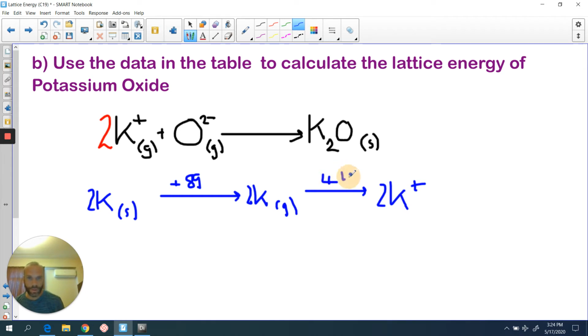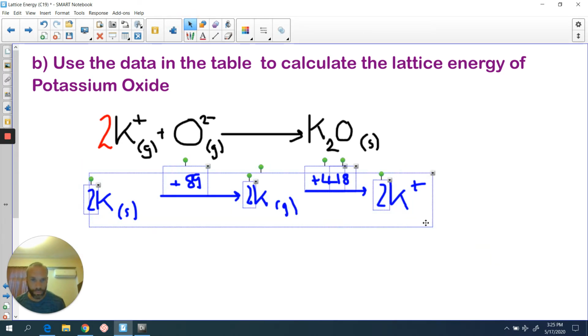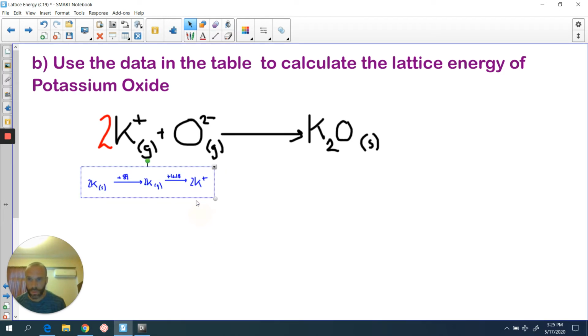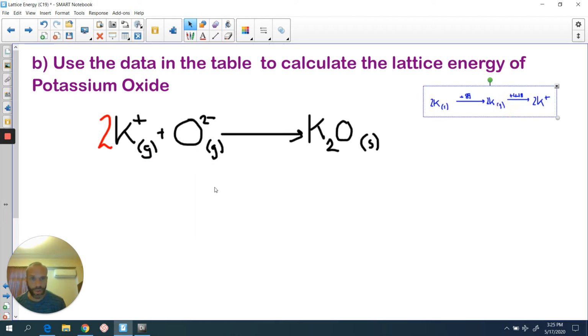So I'll put those values in there because we'll be referring back to them in a moment. Sorry, that's terribly written. Let me erase and tidy that up. It should be 418. Okay, now I'm going to group that together, make it a bit smaller, get it out of the way for now, and put it up there because we'll be coming back to it.